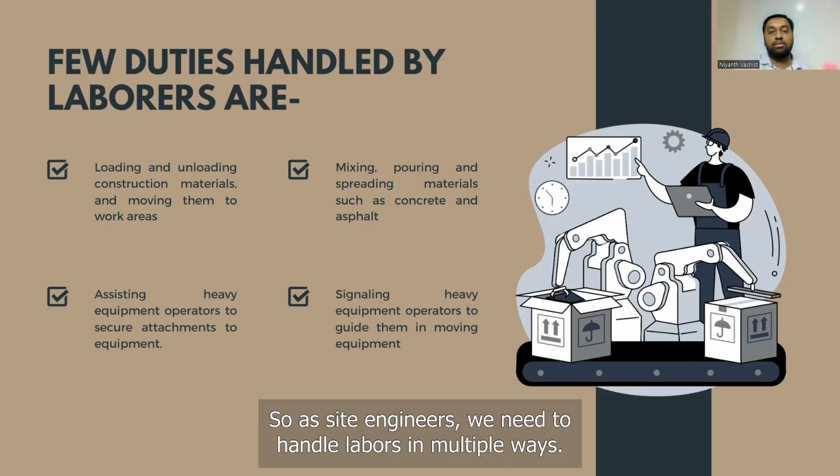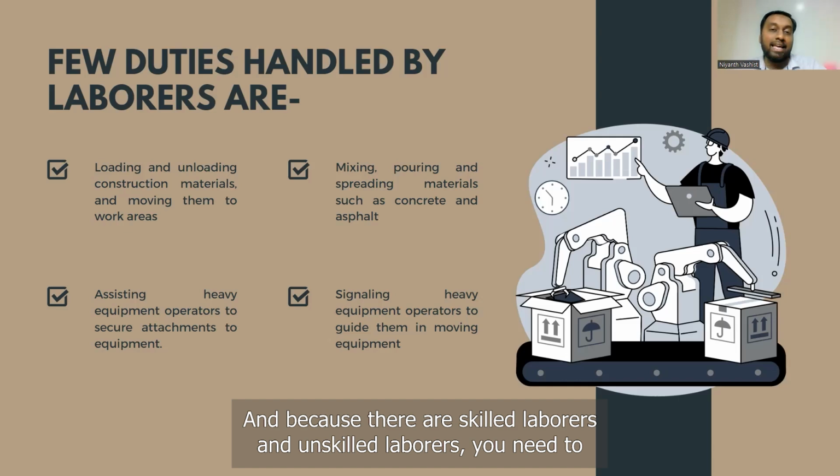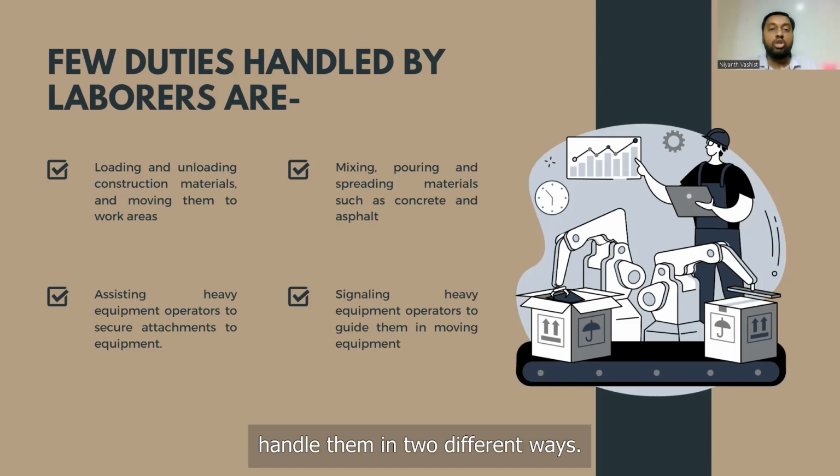So, as site engineers, we need to handle labors in multiple ways. And because there are skilled labors and unskilled labors, you need to handle them in two different ways altogether.